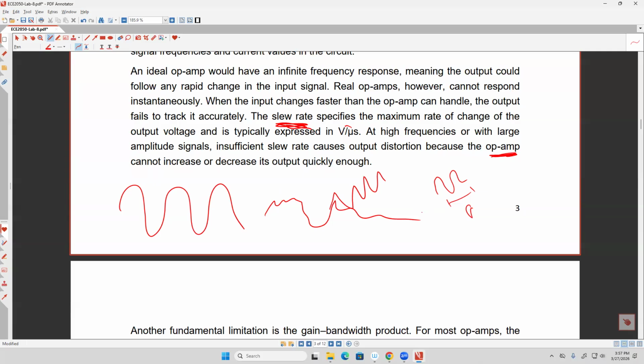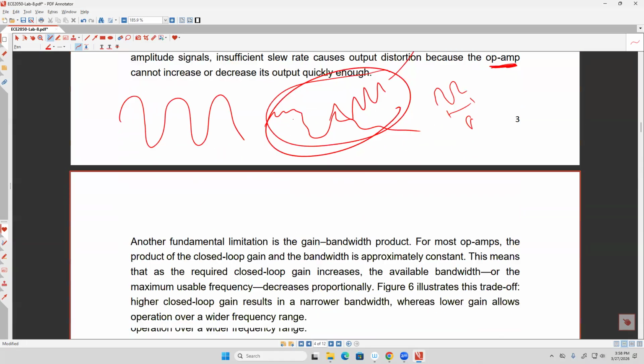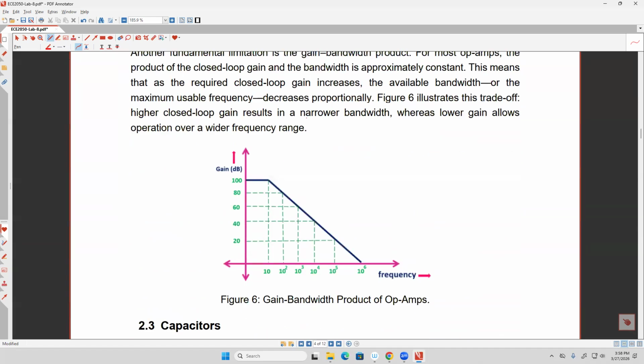Now I will ask you to increase the frequency until something happens: either the signal is distorted because of the slew rate, or the gain becomes smaller than the gain you have. For example, if the gain is 10 at small frequencies, when I increase the frequency, the gain may start to go down.